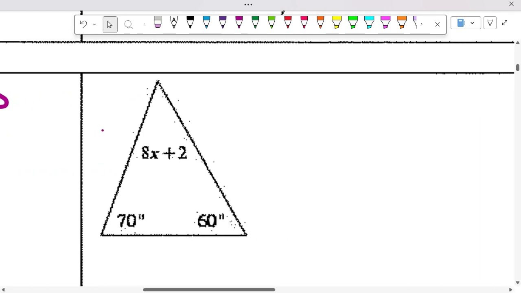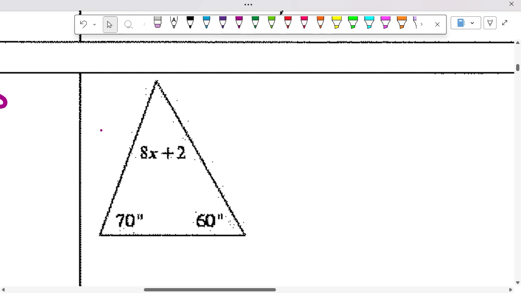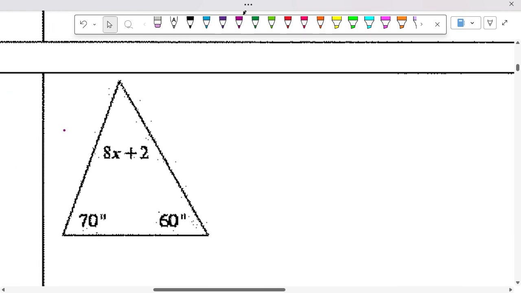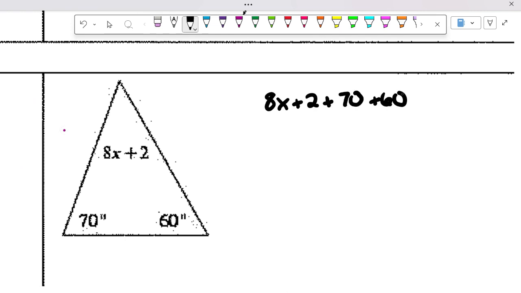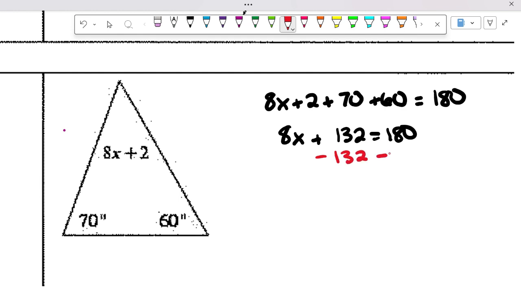So talk with your group mates, compare answers.